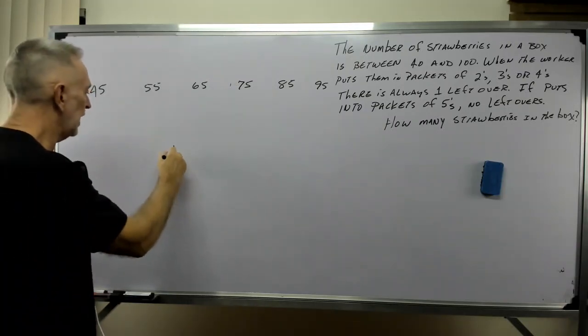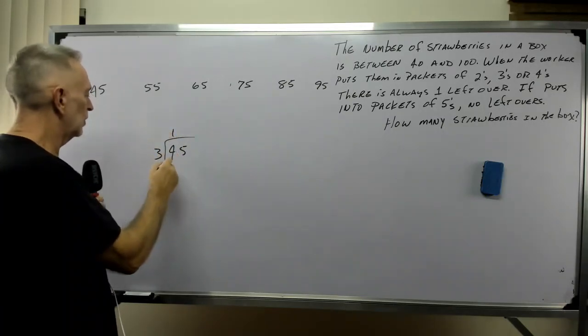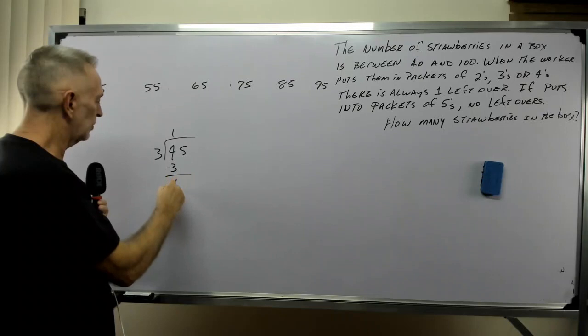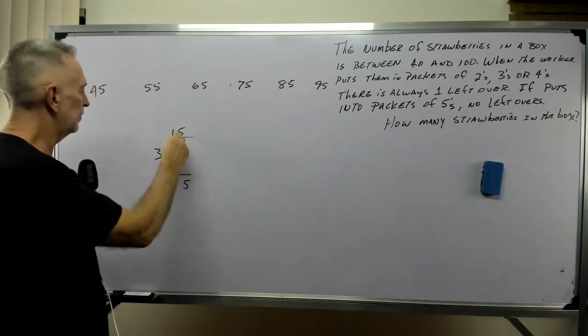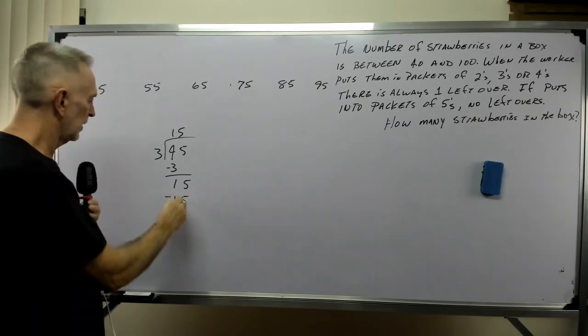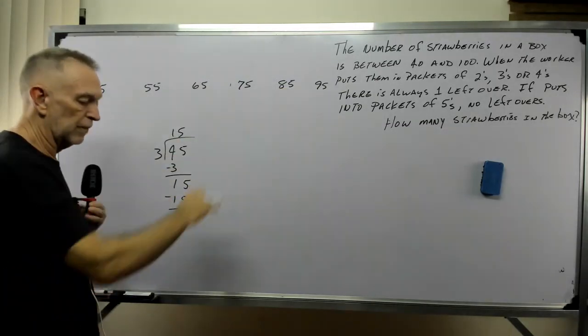So let's just challenge that. 45 divided by 3. Okay, 1 times 3 is 3. 4 minus 3 is 1. Bring down the 5. Oh, wow, 5 times 3 is 15. No remainder.